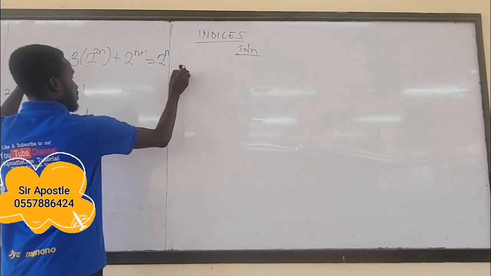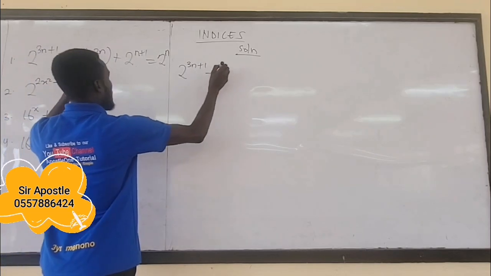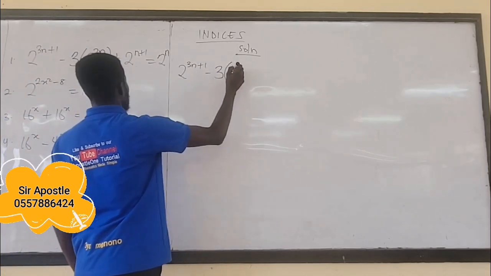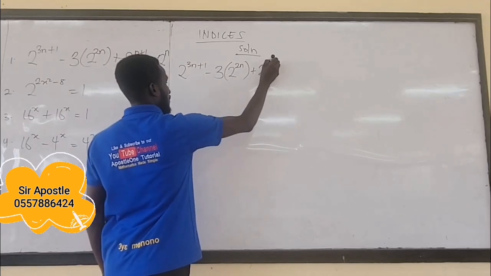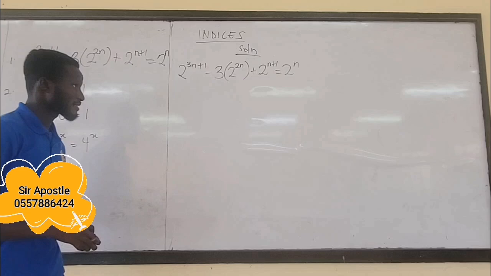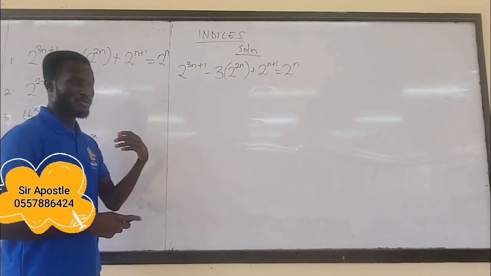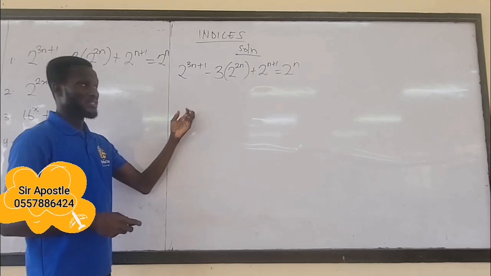Now we have 2 exponent 3n plus 1, minus 3 times 2 exponent 2n, and so on. We have a question like this, and from our previous lesson I talked about how you can solve this.